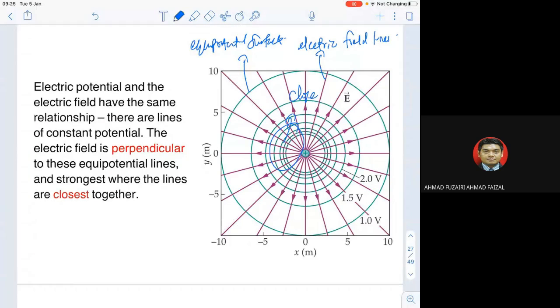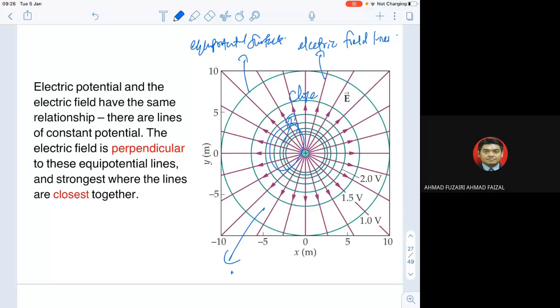But compared to here, this part has more distance. It's quite different in length between the one close to the positive charge and the one on the far side. And of course every green line has its own potential difference.